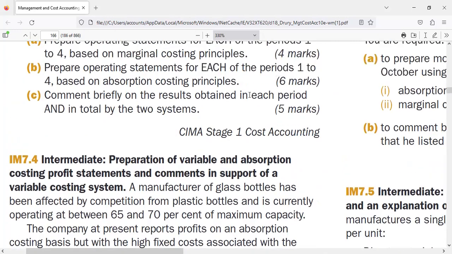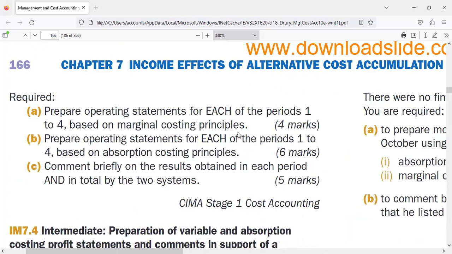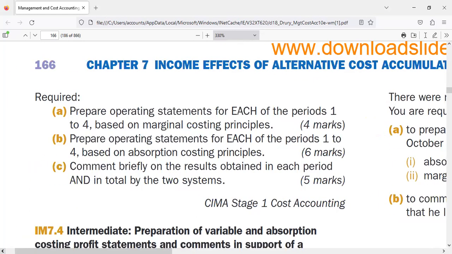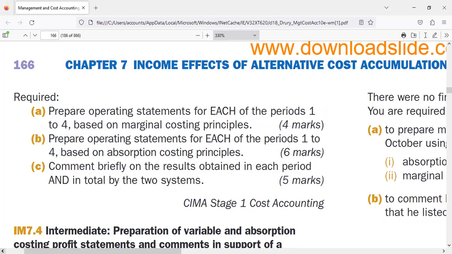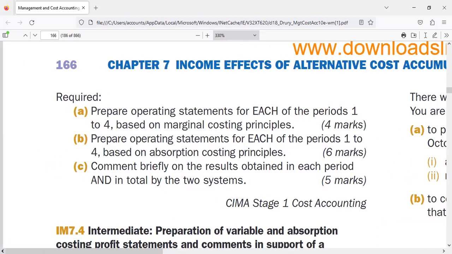What are we required to do? The requirements of the question, they are telling us that we should prepare operating statements for each of the periods 1 to 4 based on marginal costing principles. Then part B, prepare operating statements for each of the 4 periods 1 to 4 based on absorption costing.